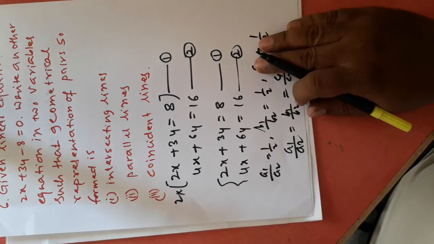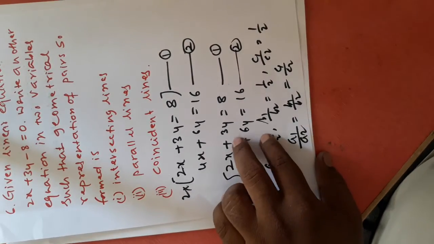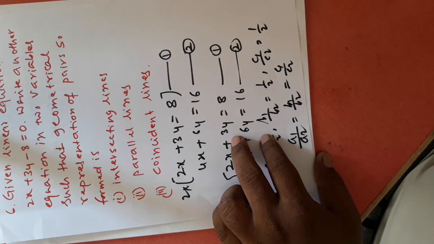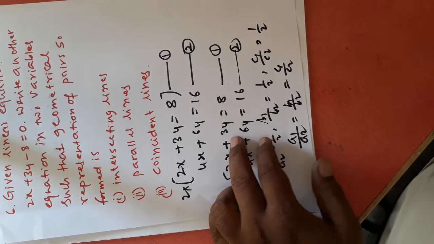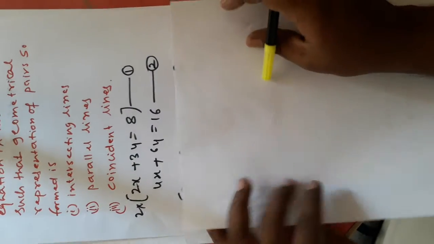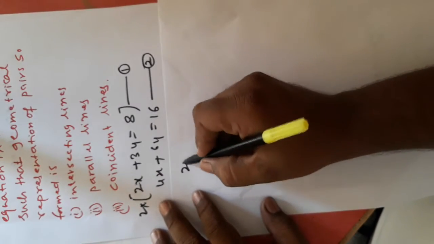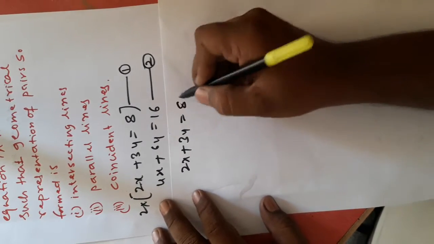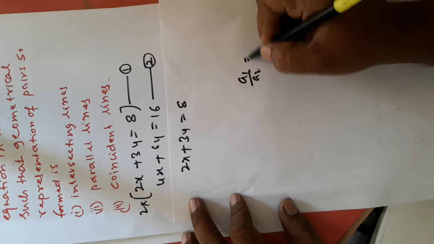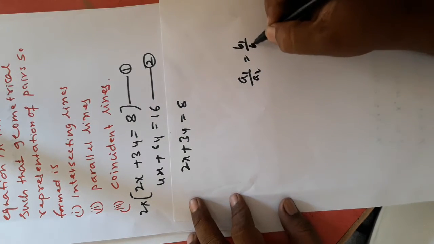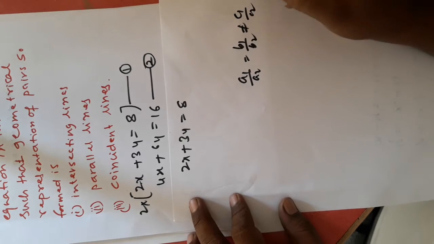If you write another line in this form, for example, this is my original equation, 2x plus 3y is equal to 8. What is the condition for parallel lines? a1 by a2 is equal to b1 by b2 is not equal to c1 by c2.